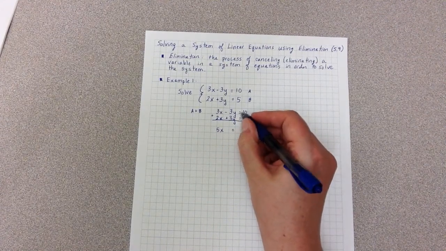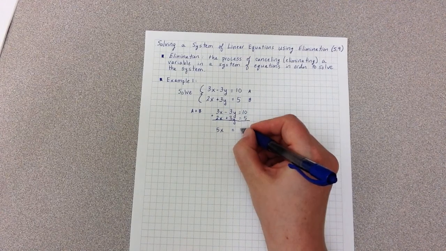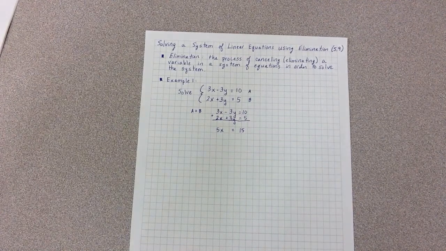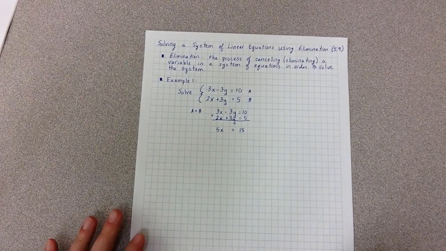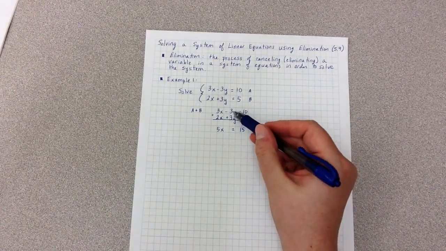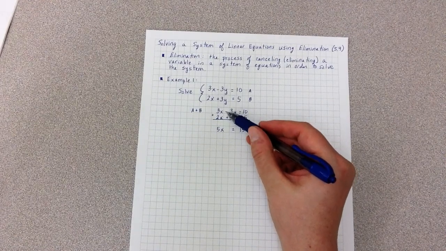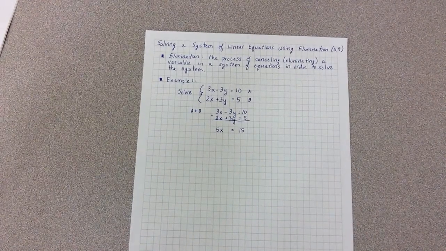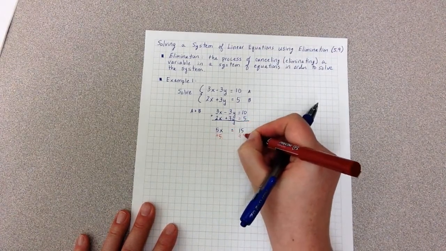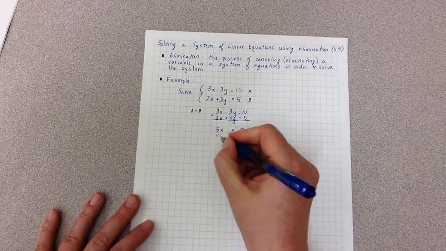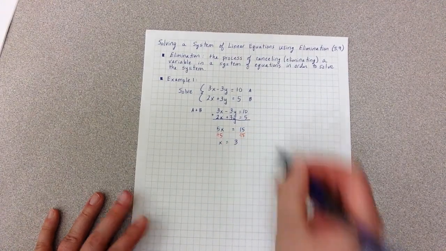And I'm left with equals 10 plus 5, which is 15. I'm now in a position where I can solve for x. I've eliminated the y values by having them be the same coefficient but different signs. Now I can finish solving for x. Divide both sides by 5, and I get x equals 3.